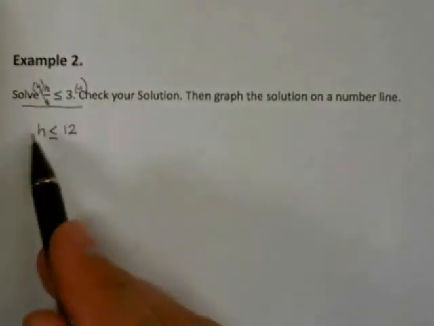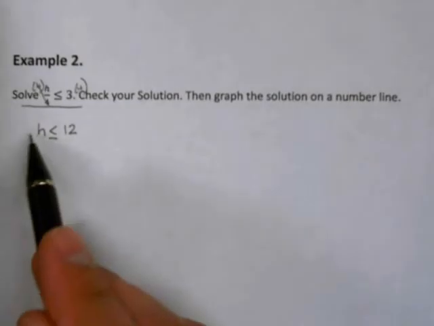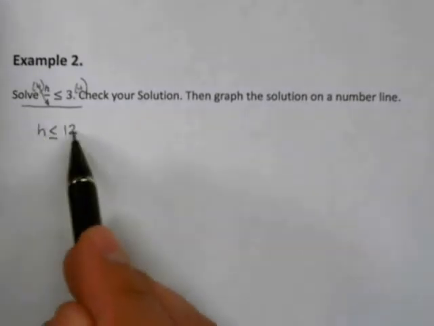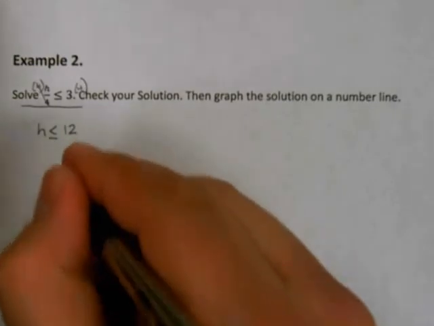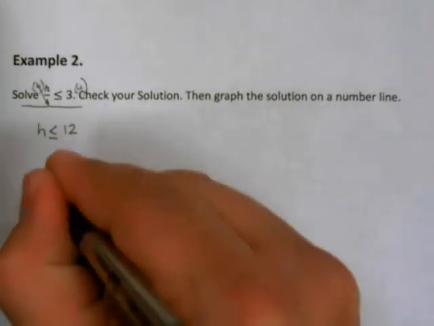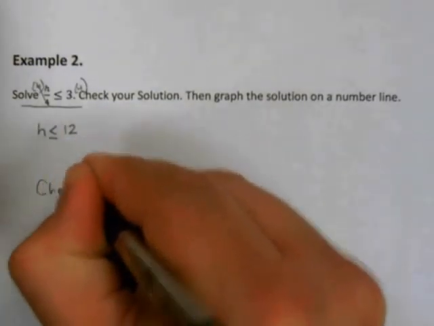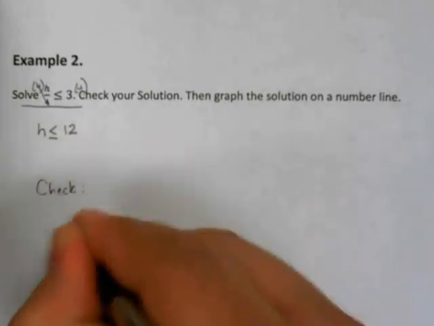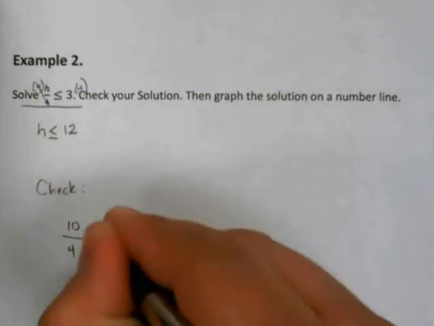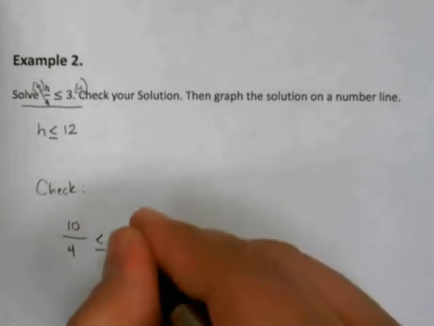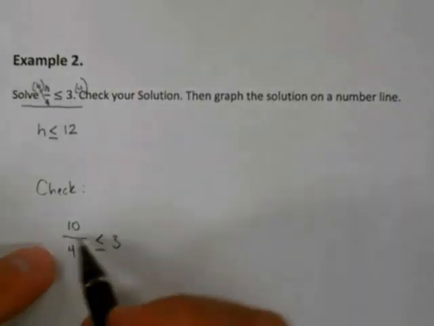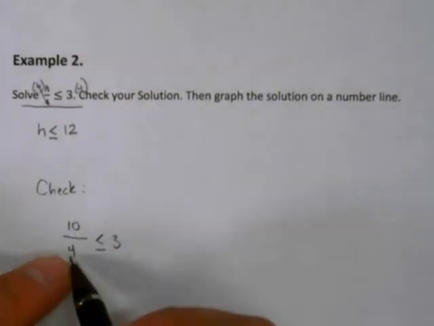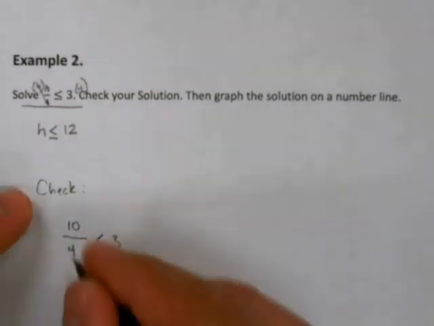So let's choose an easy number that we can check. What number could h be that is less than 12? Well, 10 is an easy number. Let's try that. So we'll plug in 10 for h. We're going to check: 10 for h divided by 4. Is that less than or equal to 3? This is just a fraction, so we could reduce it to make it a little easier to look at.